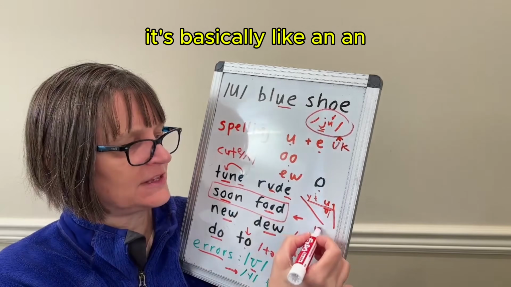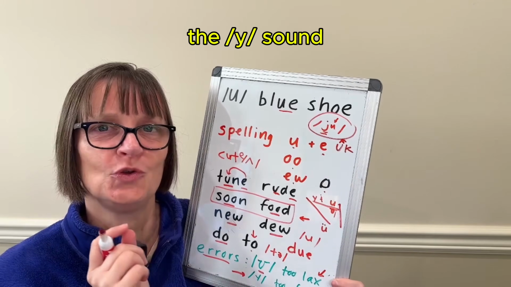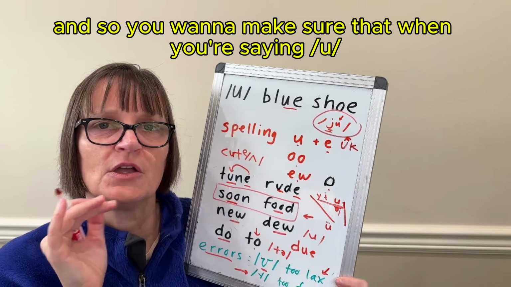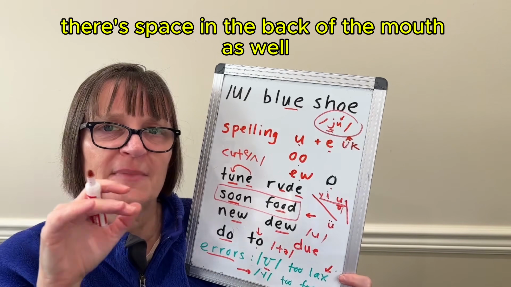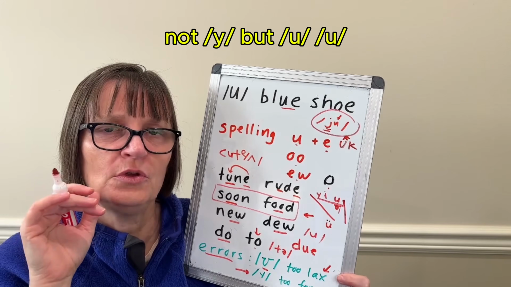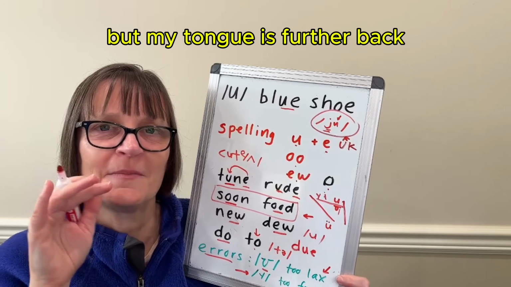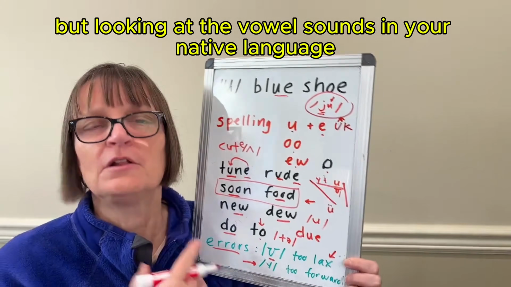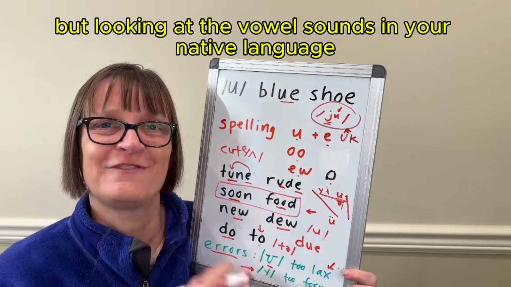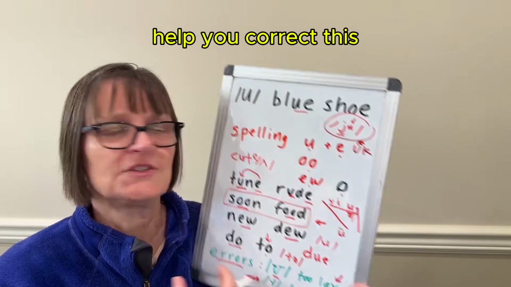Ü. It's basically like a U umlaut in German, the ü sound. And so you want to make sure that when you're saying oo, there's space in the back of the mouth as well. Not ü, but oo. So I do have that lip rounding, but my tongue is further back. So that's a little bit subtle, but looking at the vowel sounds in your native language can be very helpful to help you correct this.